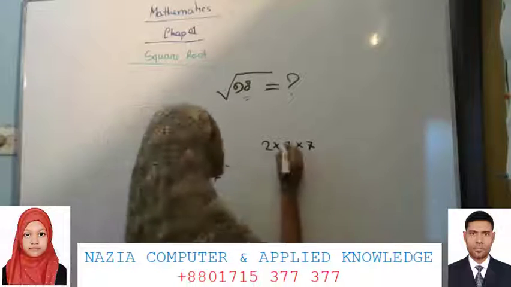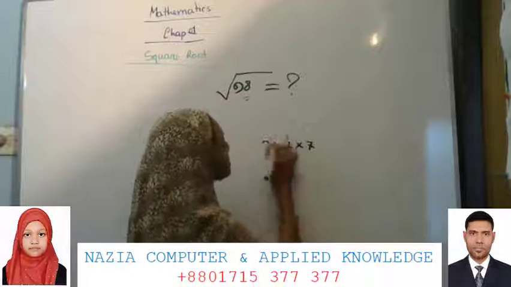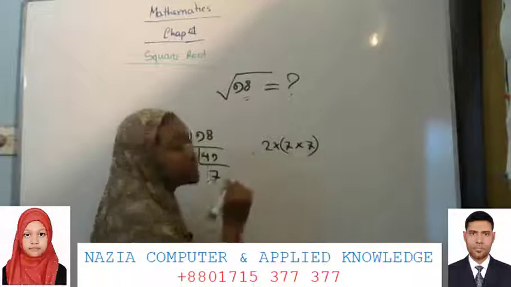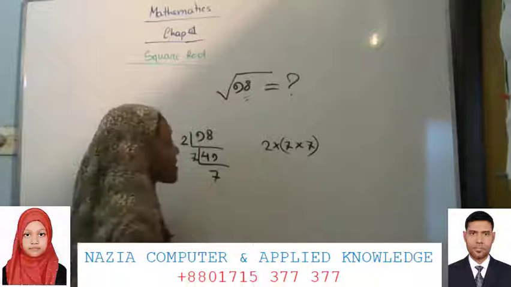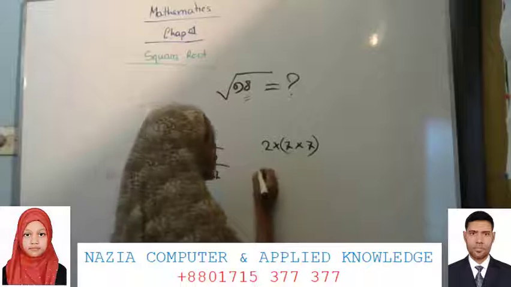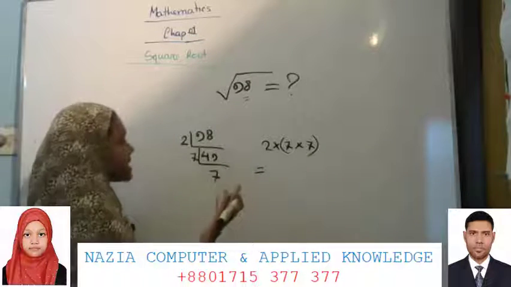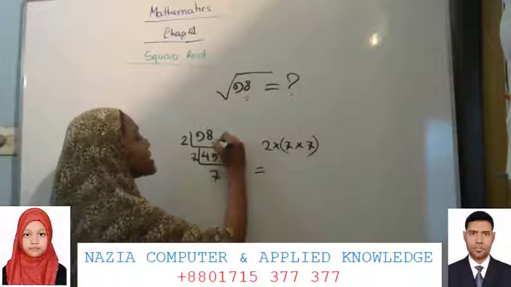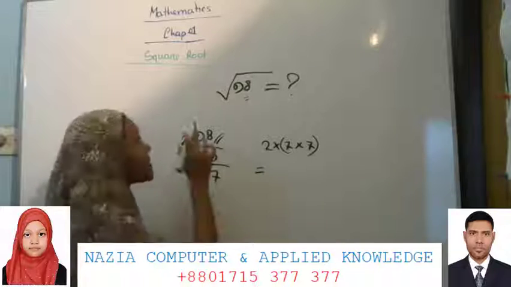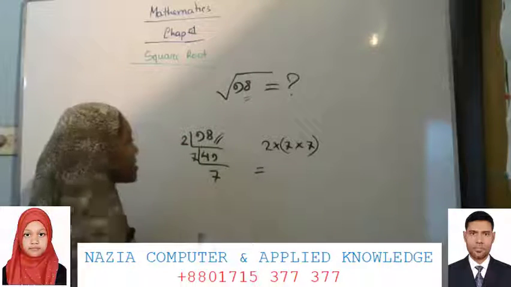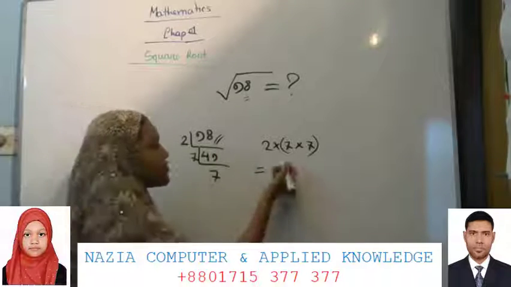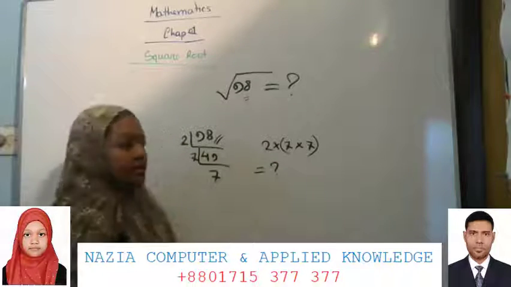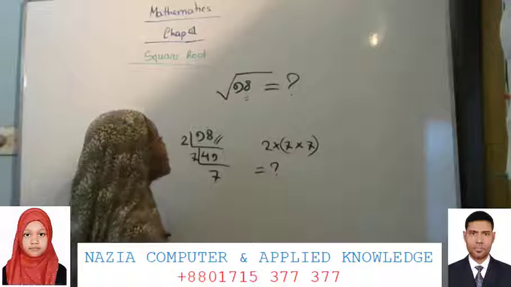Look at that. The 7 has a pair, but the 2 has no pair. Then what will the 2 do? That means we can say that 98 is not a perfect square number, because we can't find any square root of 98.